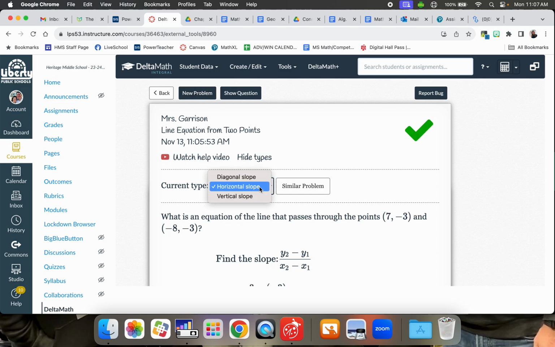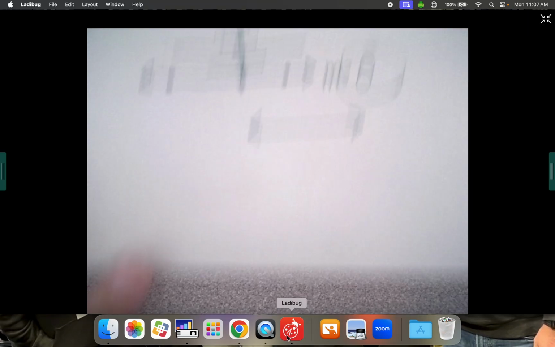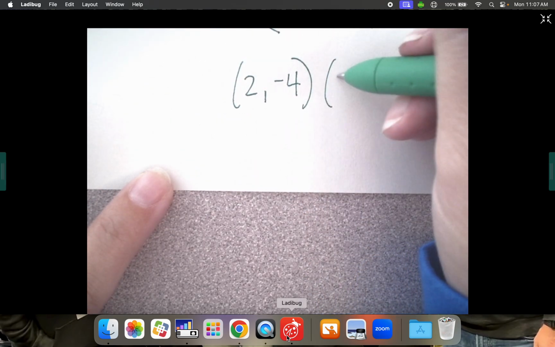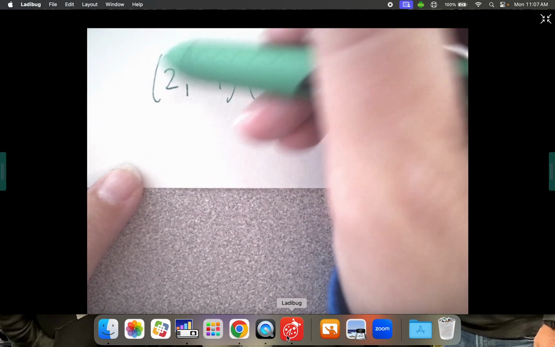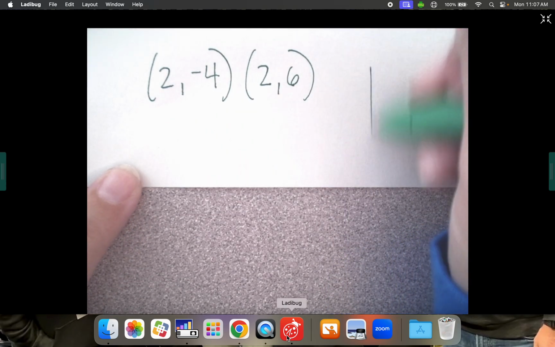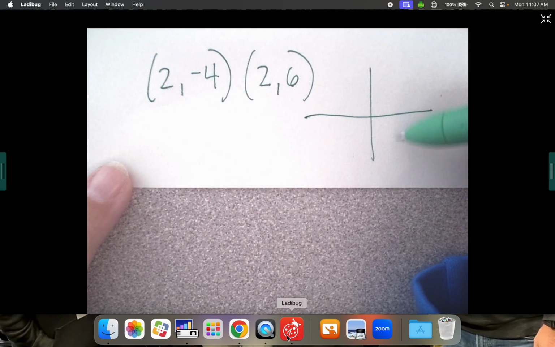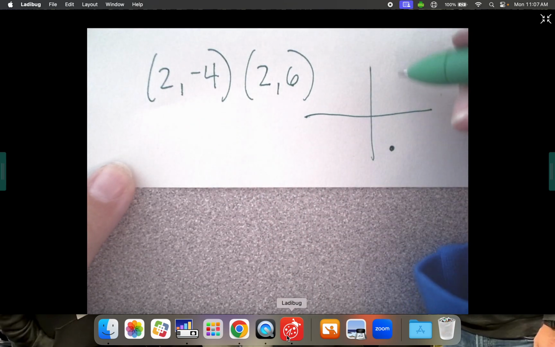Okay, and then if you get one that is a vertical slope, that's going to be where your x's are the same. So (2, -4) and (2, 6). If you picture the 2 being both of the x's, let's picture where that's at on a graph. (2, -4) would be to the right 2, down 4. And (2, 6) would be to the right 2, up 6.